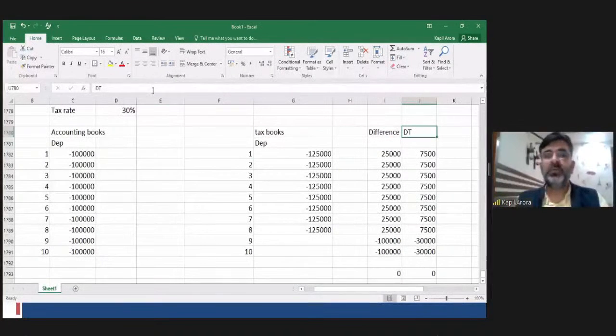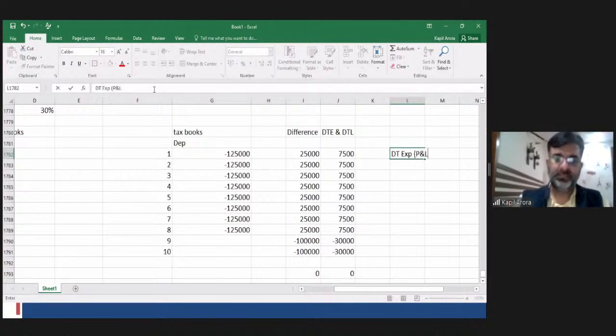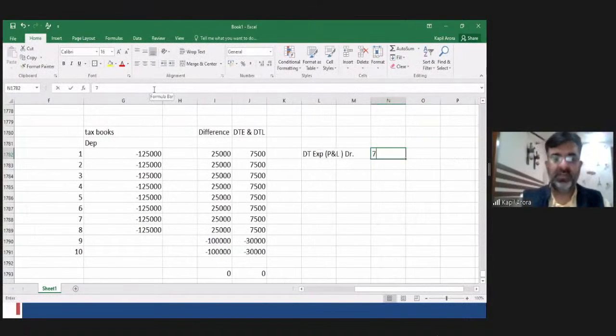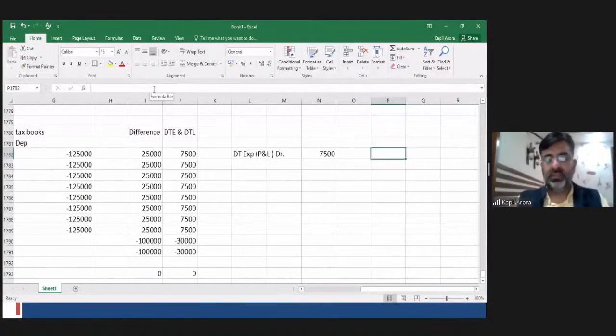This will result in deferred tax expense and deferred tax liability. So the accounting entry which we will pass is: deferred tax expense in P&L, debit with 7,500, and deferred tax liability in balance sheet gets credited with 7,500.